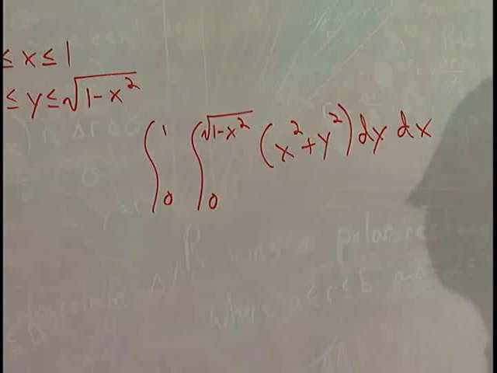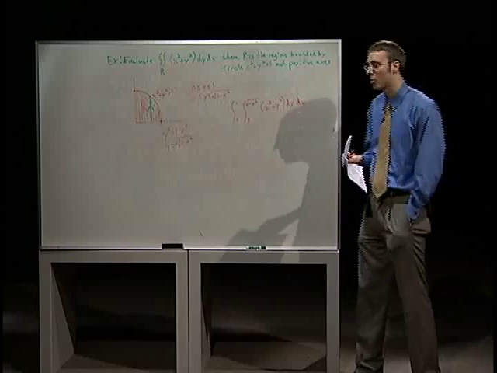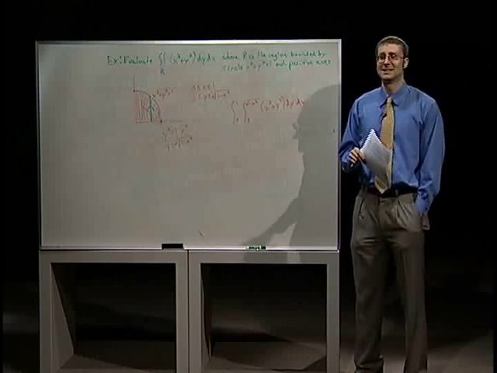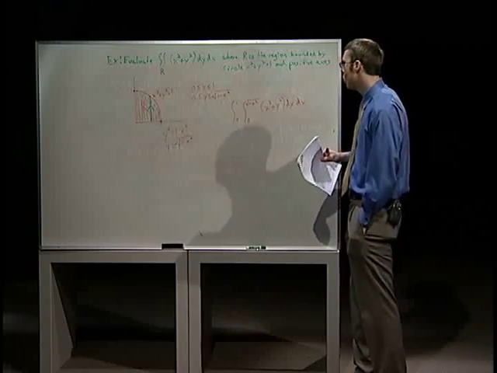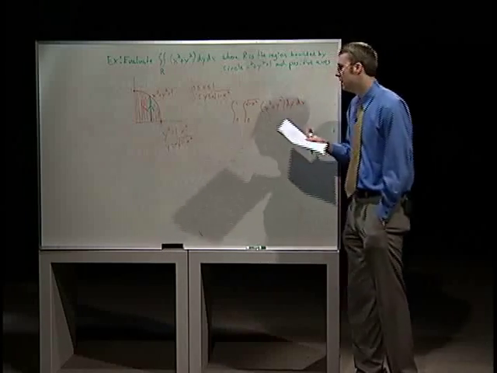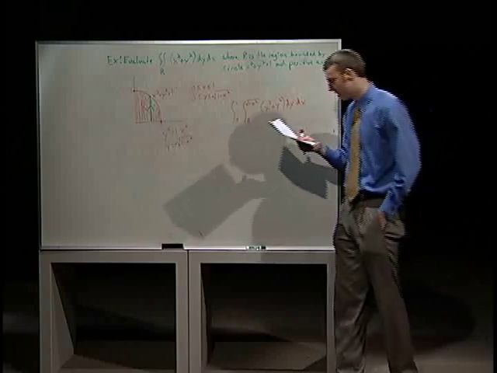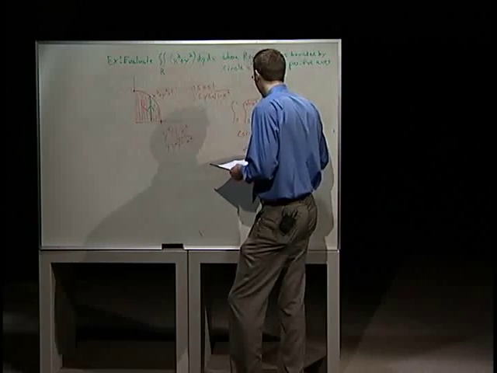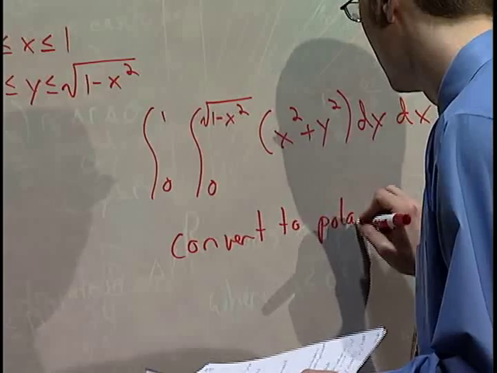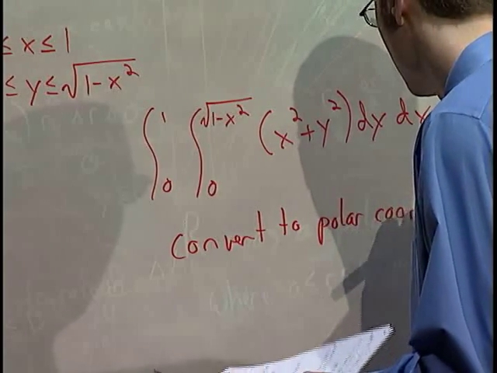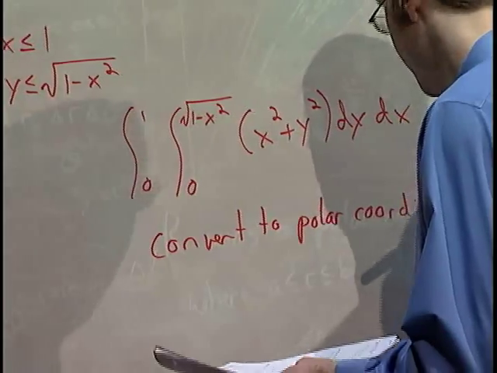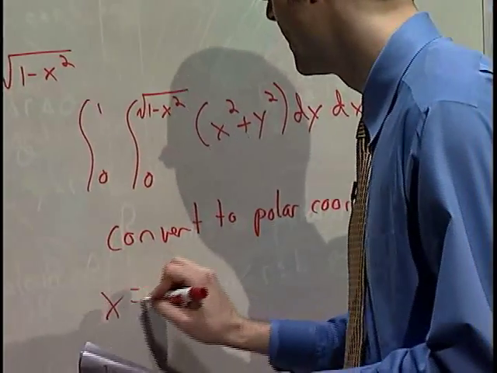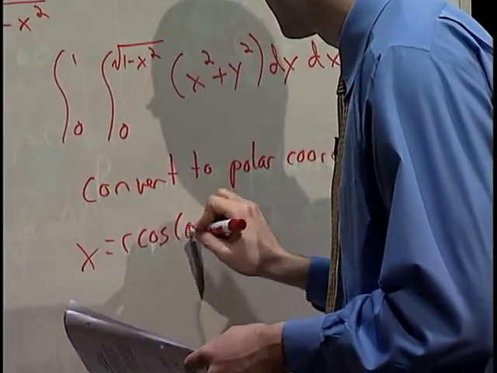Now, what's going to happen is if we do this in rectangular coordinates, it'll get nasty. It's doable, I think, but to avoid all that, let's use polar coordinates. So how do we convert to polar coordinates? Well, we have the relationships that allow us to do such. We know that x is r cosine theta.